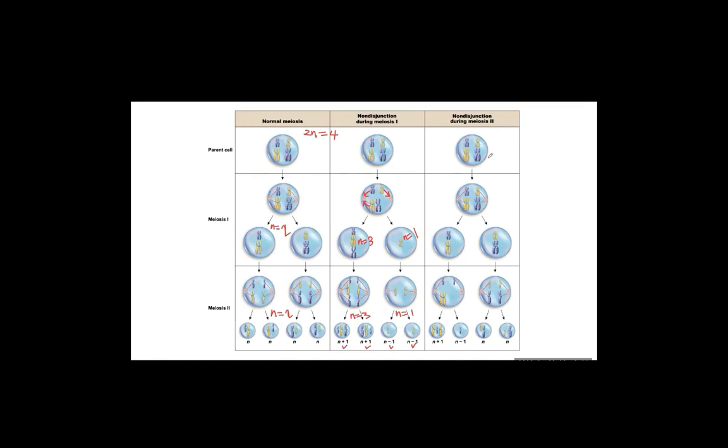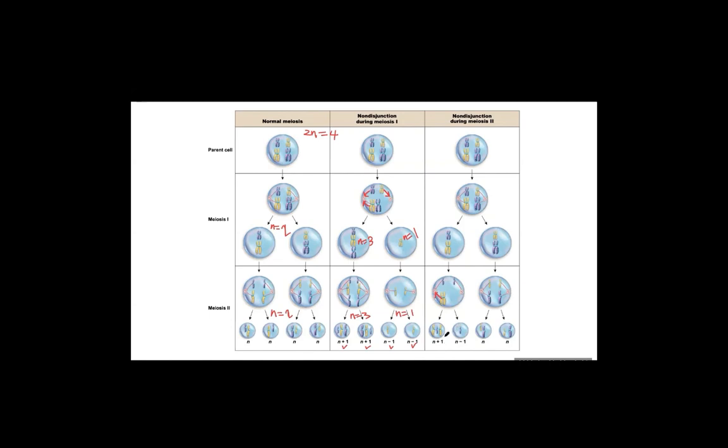One more time, non-disjunction during meiosis 2. The starting point is 2n equals 4, and meiosis 1 occurs normally, no mistake. But during meiosis 2, when sister chromatids separate, this cell is correct, no error. But in this daughter cell, 2 sister chromatids move to the same pole.